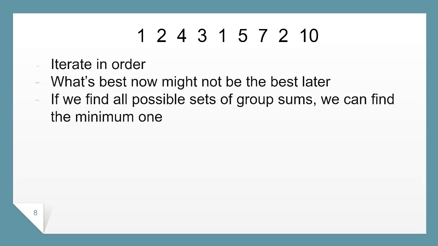And then you find all possible triplets like that. Then from all those sets of triplets, you can find the one that has the minimum difference. So this simplifies our problem a little bit. Instead of finding the minimum difference, all we have to do now is find all possible sets of group sums.